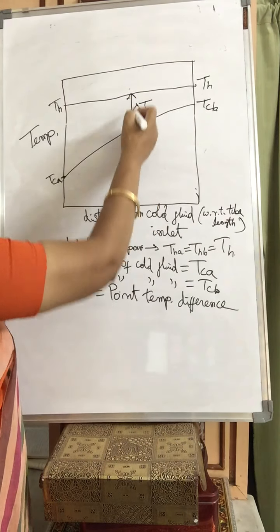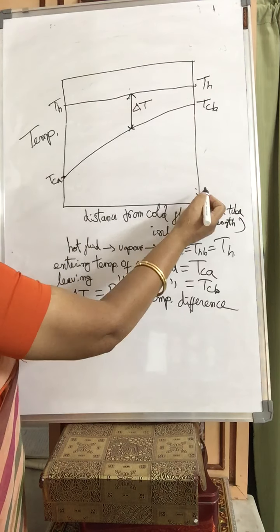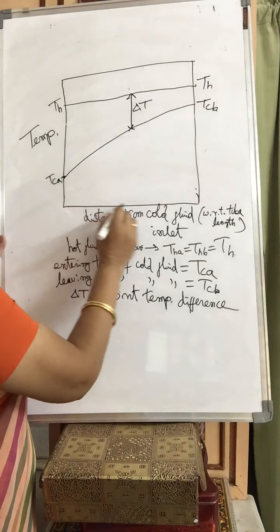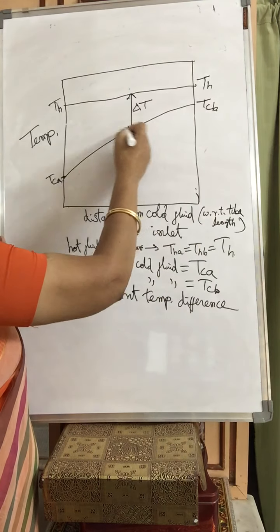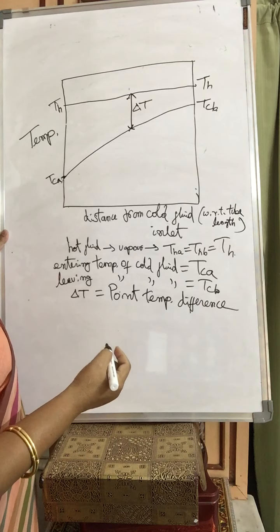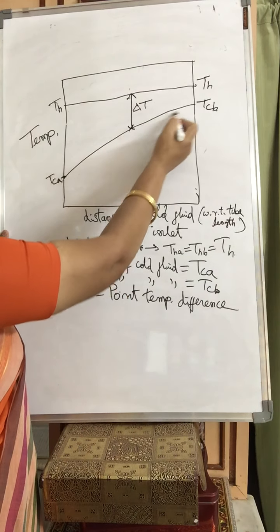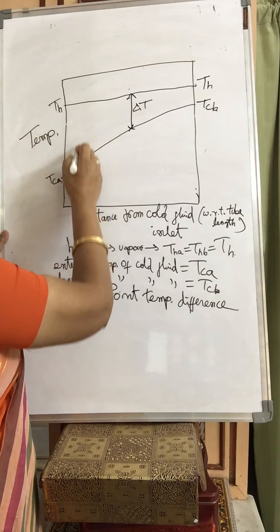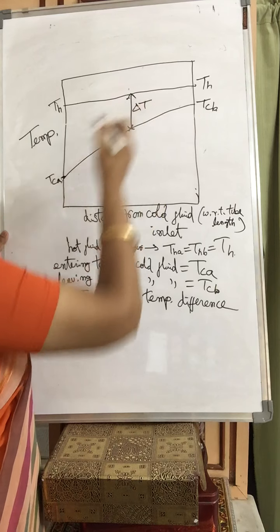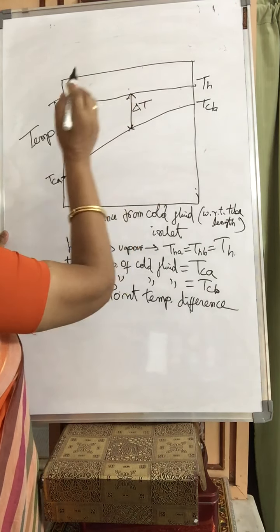That is called delta T. As the length of the tube is increasing, will delta T increase or decrease? Delta T will decrease, because here the temperature difference is more, here the temperature difference is less. So this is how delta T will be changing.